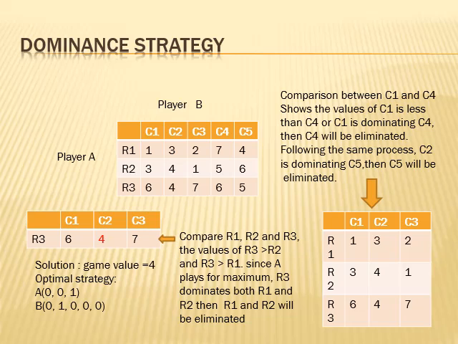So C5 is dominated by C2 because the values of C2 are less than the values of C5. Therefore, C5 will be eliminated. There remain 3 columns and 3 rows.